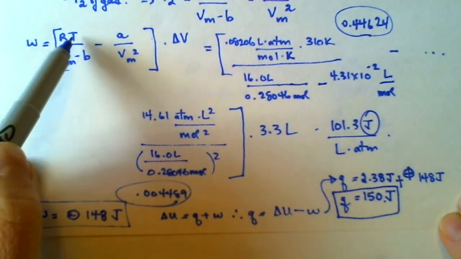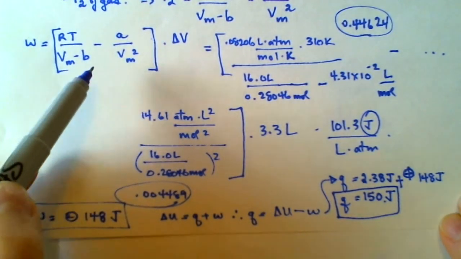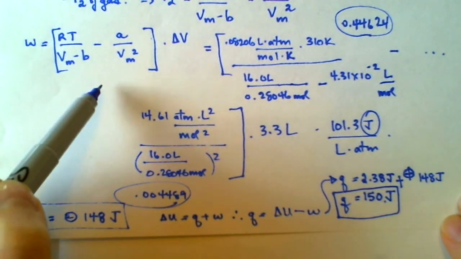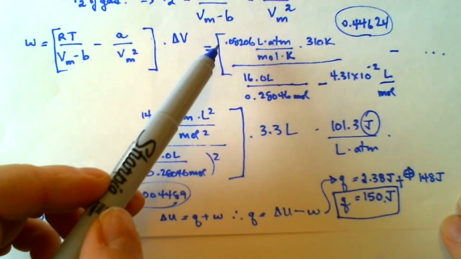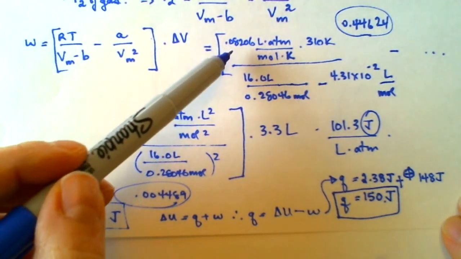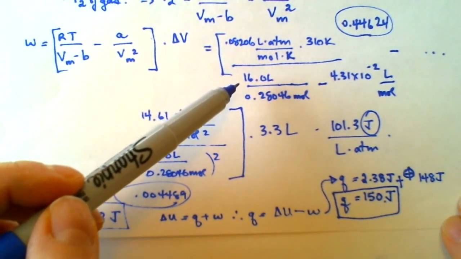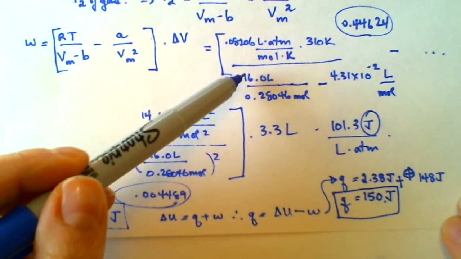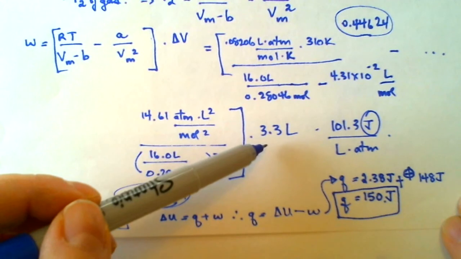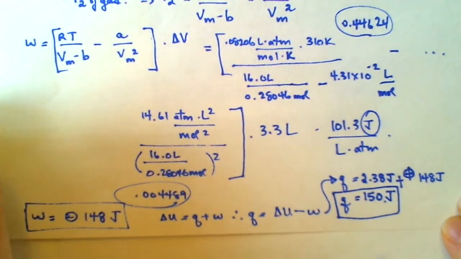And that, in the square brackets, was the P final of the gas, which is P2, the van der Waals P2. And so there's my P2, there's my delta V.